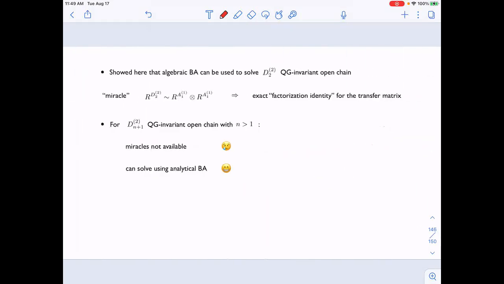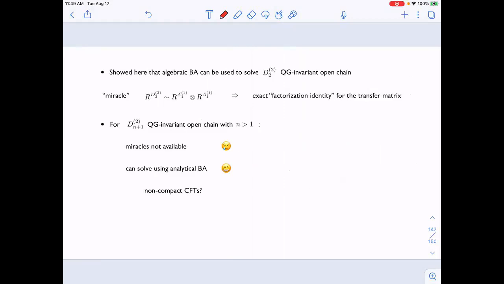But now that we know how we were able to solve D22, we can use the analytical beta ansatz to solve this model, and that part seems to be working. We can't prove it, but we have a conjecture, and that can be checked numerically.